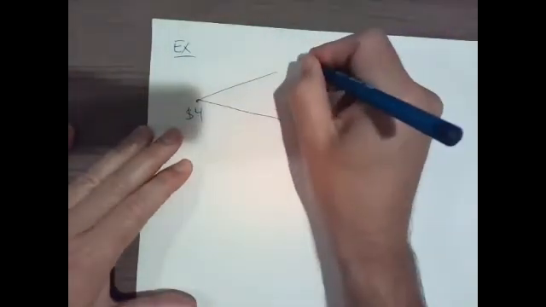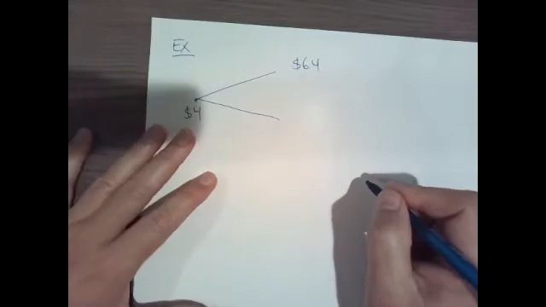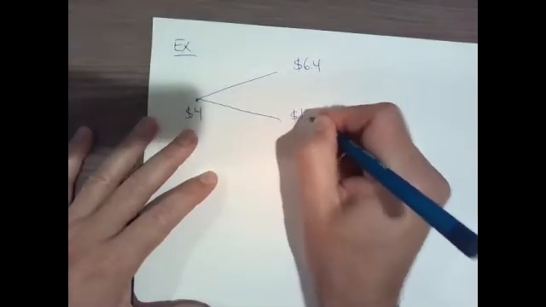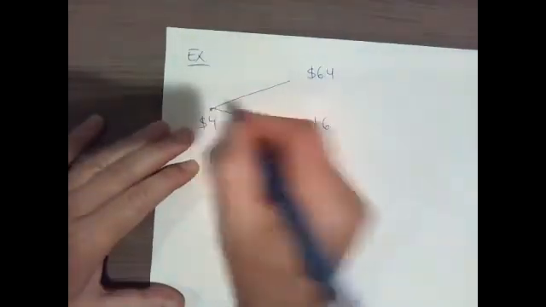We go up to, my note says, 6.4, and you go down to 1.6. And the bank account would sit.